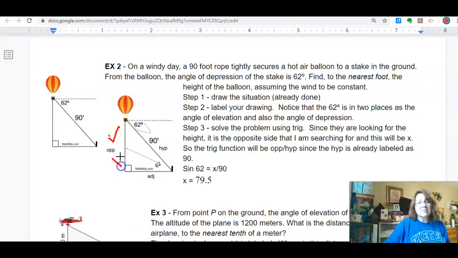So I could say that's my x right there. Do I have adjacent? No, I have hypotenuse. So opposite and hypotenuse, that's sine. So the sine is going to be x over 90. In this case, all I have to do is multiply by 90, and I get 79.5.